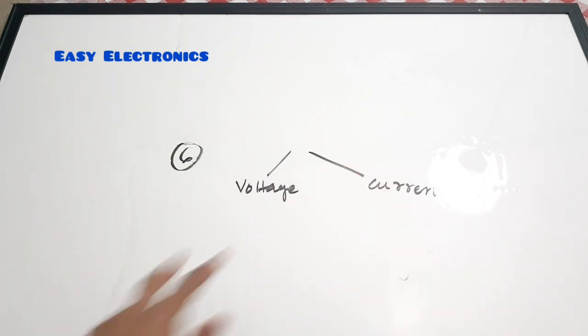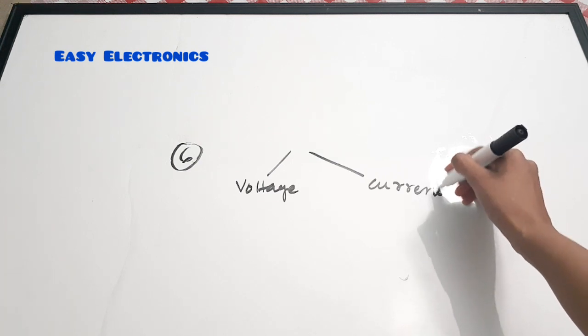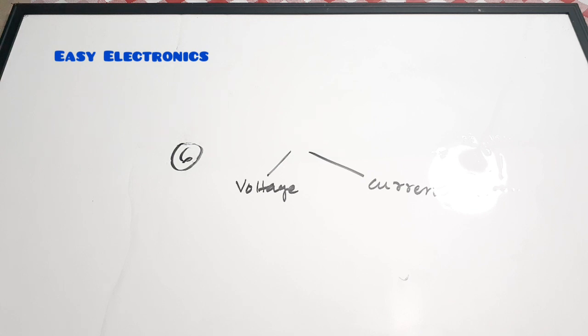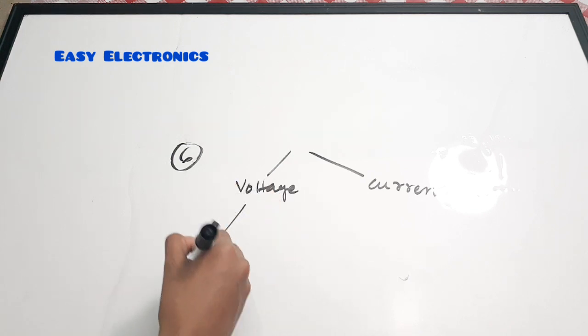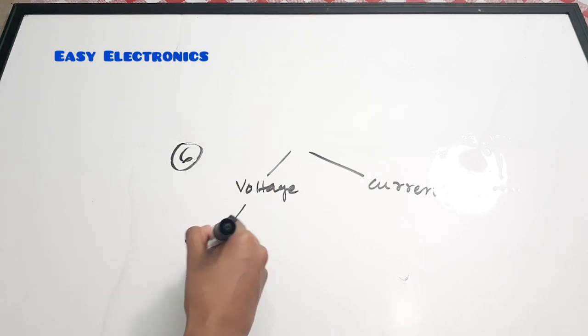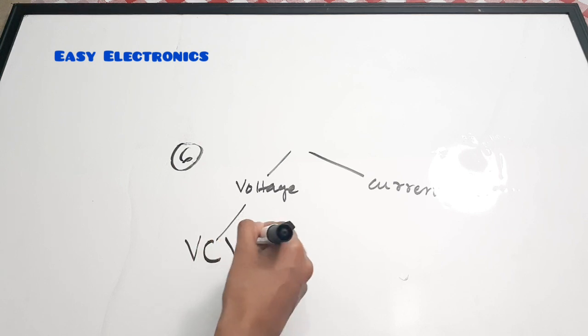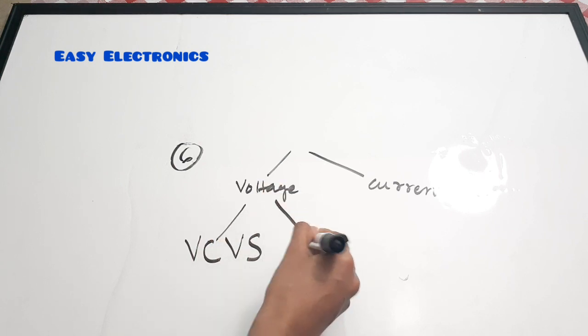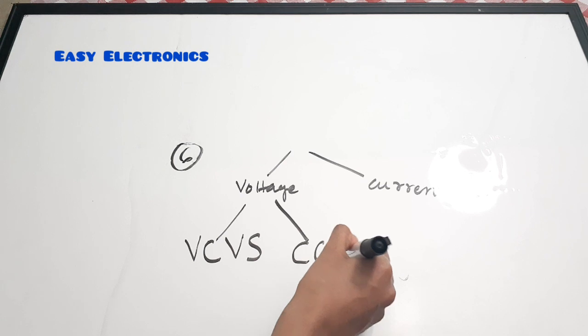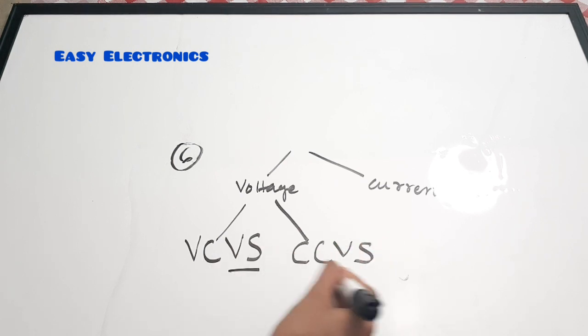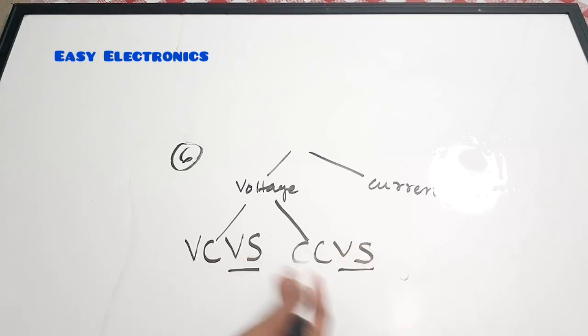The sources can be voltage source and current source. Now, if these sources are dependent sources, then you can again classify them as voltage controlled voltage source and also current controlled voltage source. So these are the voltage sources which are dependent on voltage and also current.